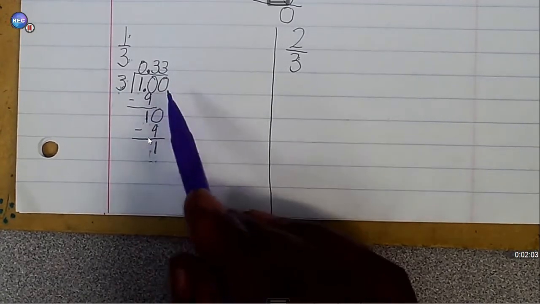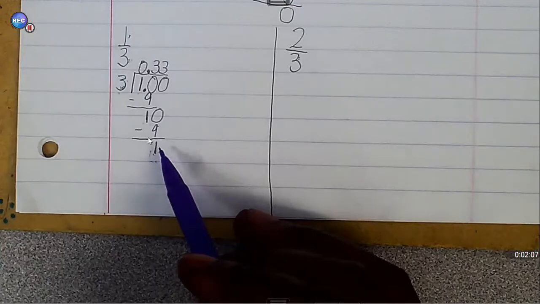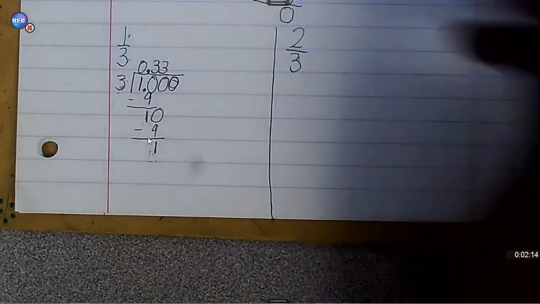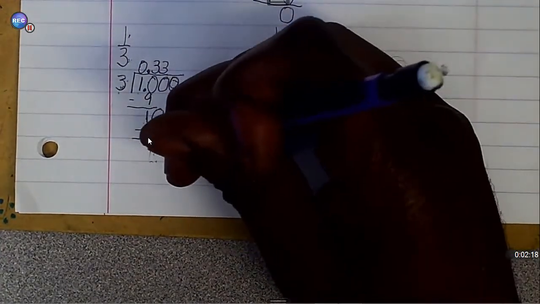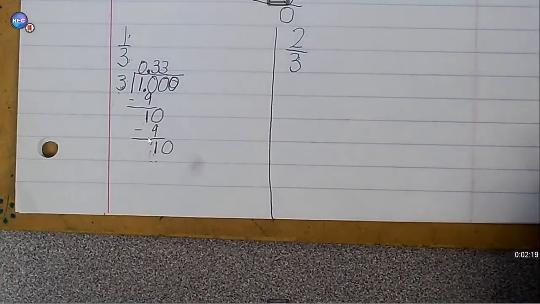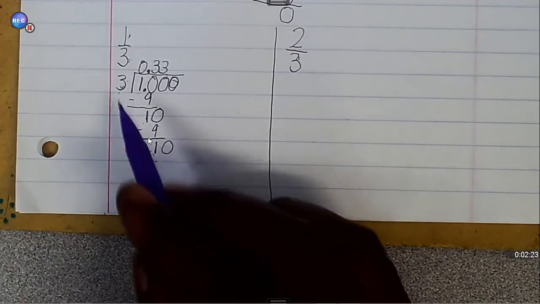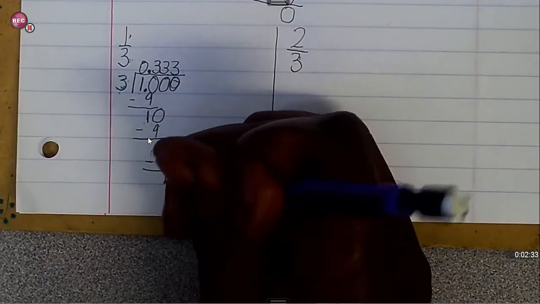So, we're going to do the same thing, and remember, we can't end with a remainder. So we're going to add another 0, extend our division, bring down the 0. 3 can be divided into 10 3 times. 10 minus 9 is 1.